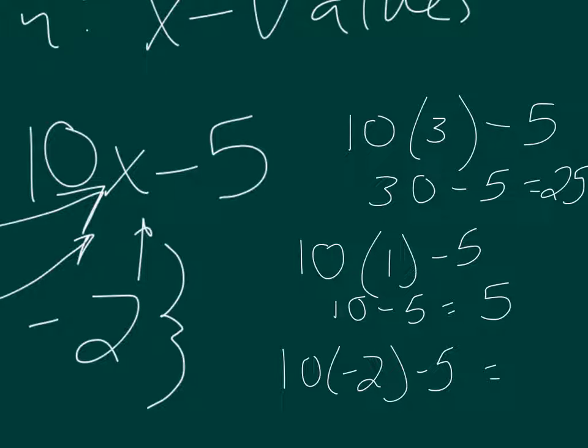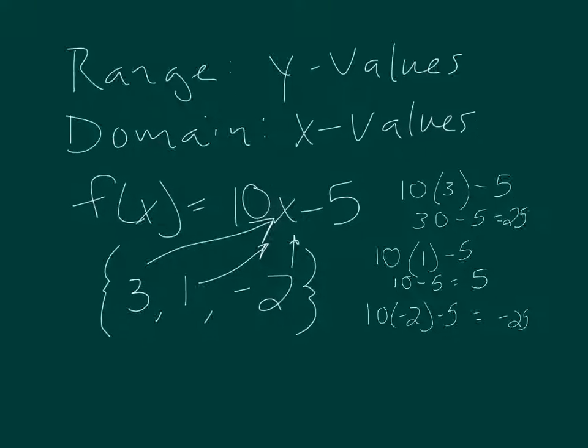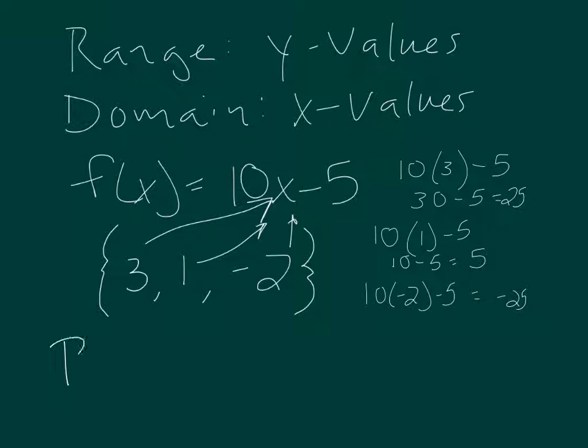That's going to give me -20 minus 5, -25. So if I look at my answers, the range of this function for these x values would be 25, 5, and -25.